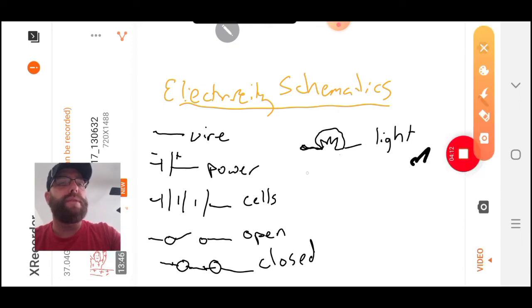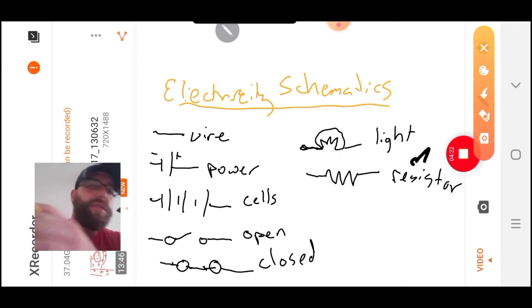A resistor is going to slow down the flow of electricity. The point of having a resistor is that we don't want to put too much electricity into something, or it's going to overheat and burn up, catch on fire, that kind of thing. So a resistor slows down the flow of electricity.